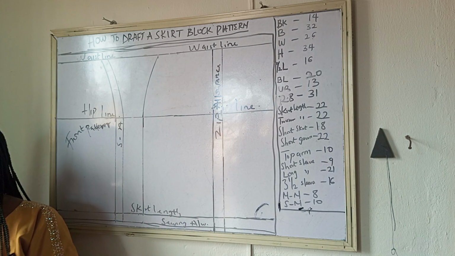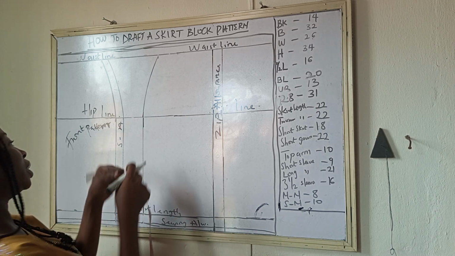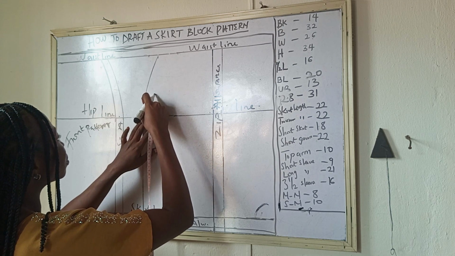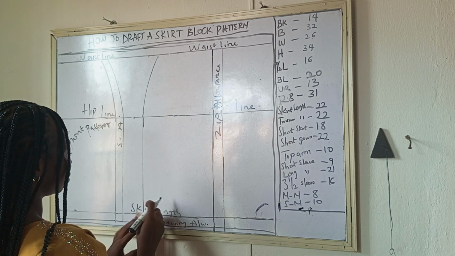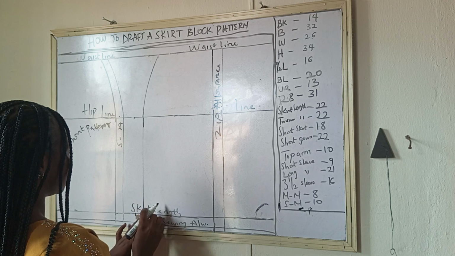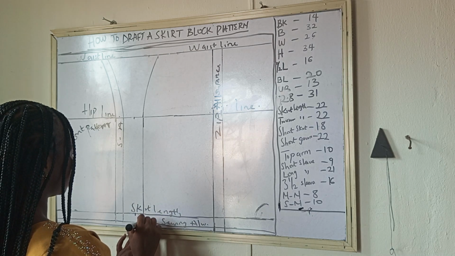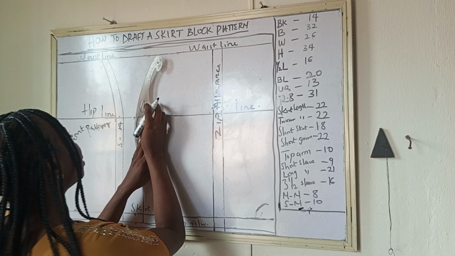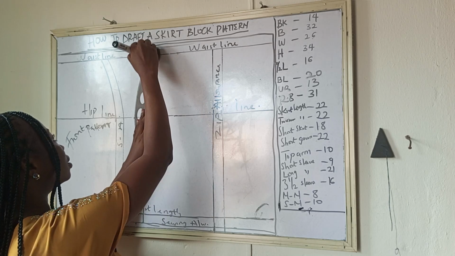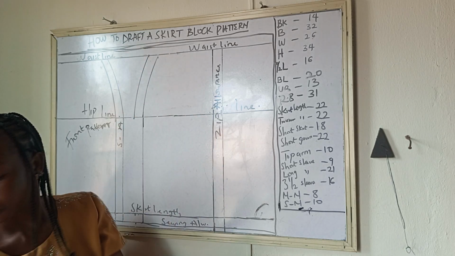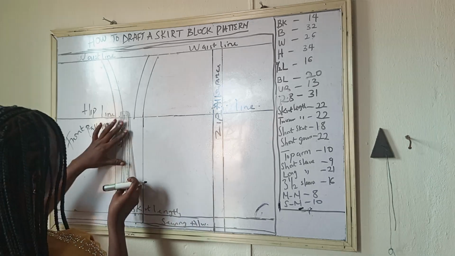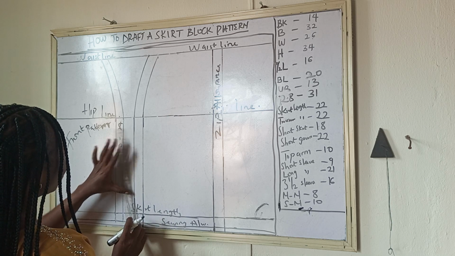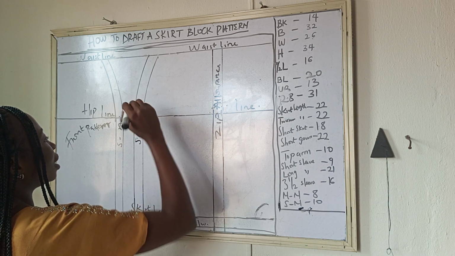After then, we'll mark out our sewing allowance, which is 1 inch all the way down. So this is our sewing allowance.